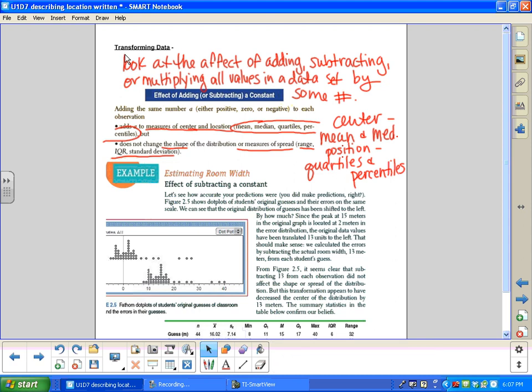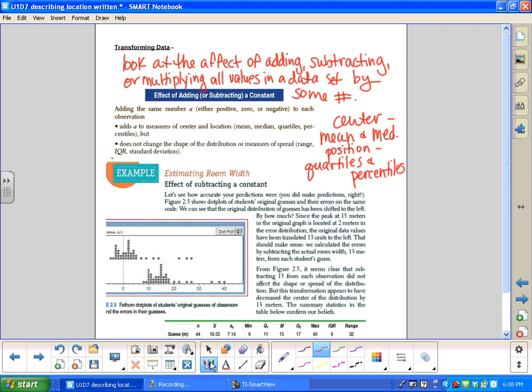So I'm going to erase all this mess that I just wrote and see what this actually says. So this says if I add or subtract a value from every data value that I have, it's going to add or subtract a. I'm going to get my highlighter here.